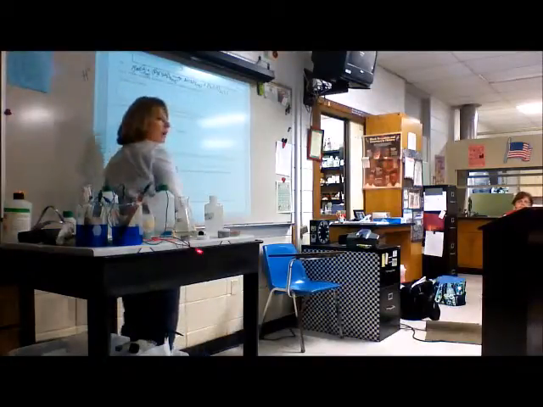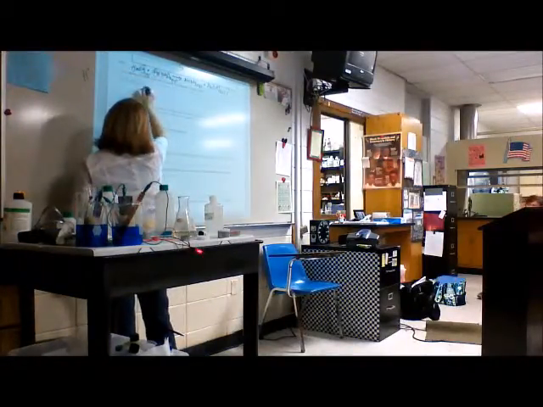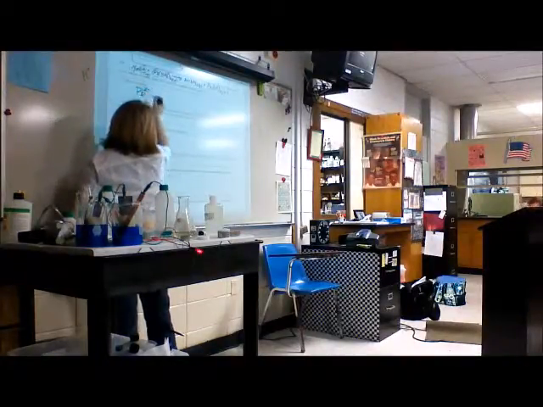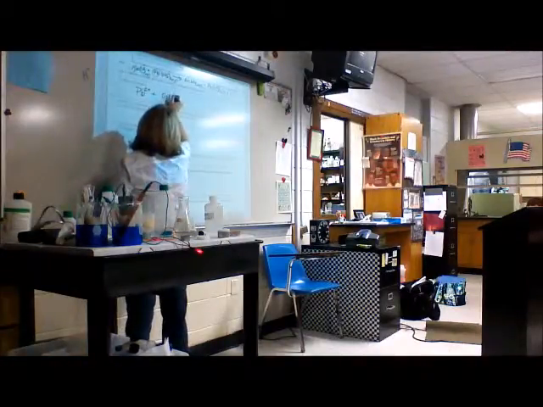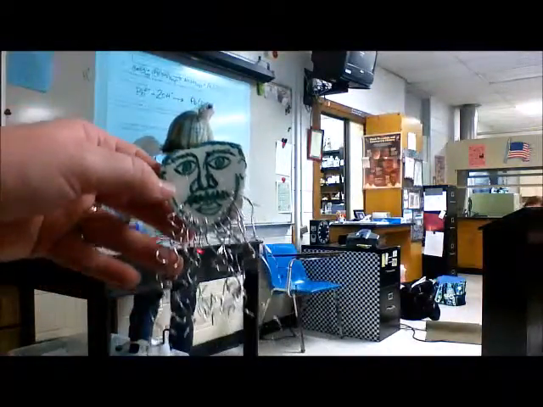So OH negative, 2 of them, because there are 2 of them in the lead hydroxide. And there's your net ionic equation. Okay? Questions on that one? Or are you like, hey, I got this? Perfect. Good. Feel free to ask questions. This is your time.